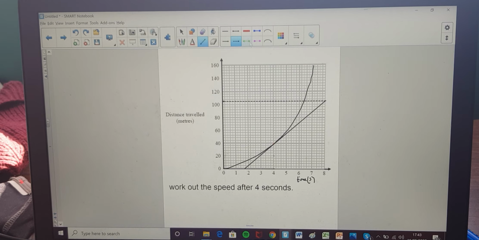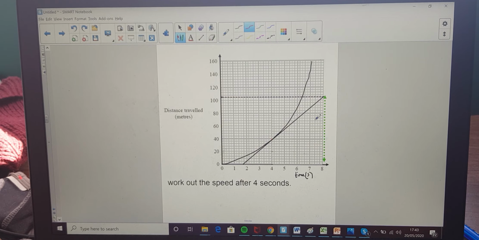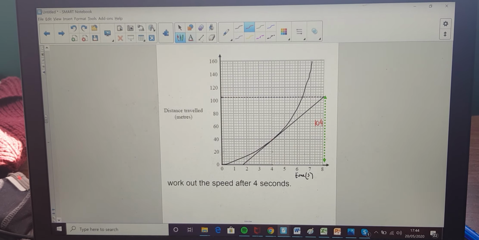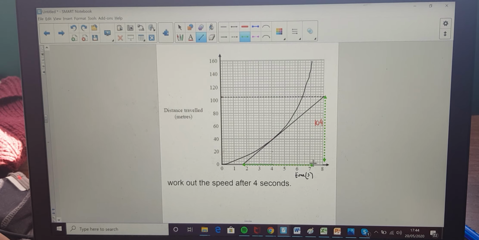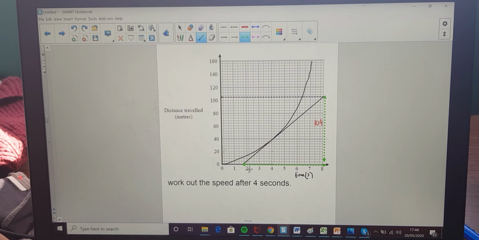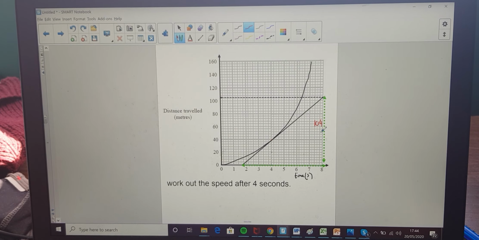So the gradient up, it's gone 104. And then the distance across of my tangent, I suggest you draw your tangent nice and big, would be like 2.2 if I'm being exact, which I should try and be as exact as possible. 2.2.